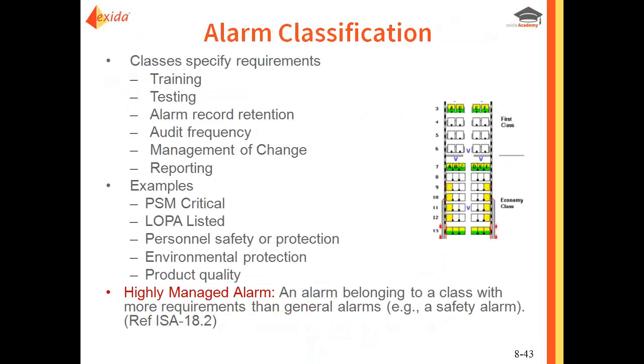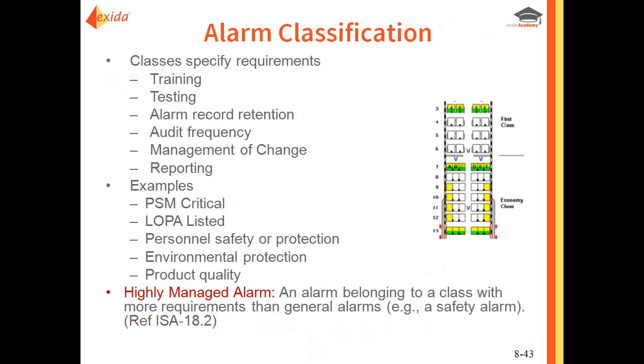Both standards define specific requirements that one must follow if you say that an alarm classification is this highly managed alarm class. And the requirements include things like having traceability to changes in the configuration, ensuring that the alarms are tested at a certain frequency and training is performed at a certain frequency, which is the kind of thing that you would think you would do for those life safety alarms, for example.